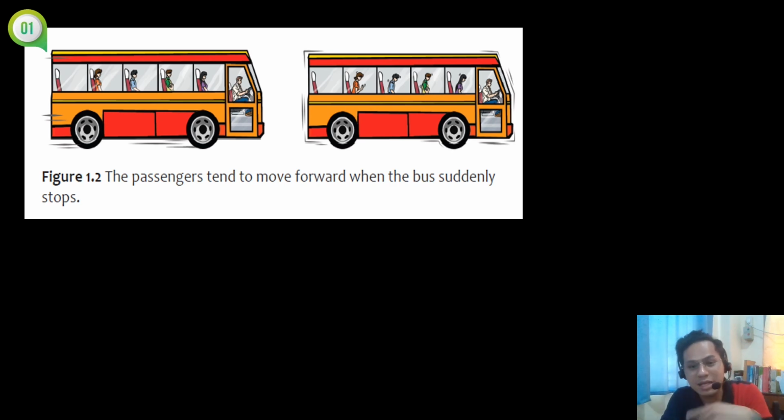So baliktad siya, if the bus is not moving nya mukalit og dagan ang bus, so your body will also move backward, kay will resist man the motion, gusto man siya nga naa didto sa iyahang position. So basta mao lang na inyong timailhan, a law of inertia, if the body is not moving, dili siya ganahan mo move. Pero if the body is moving, dili siya ganahan mo stop. So mao na siya ang law of inertia.